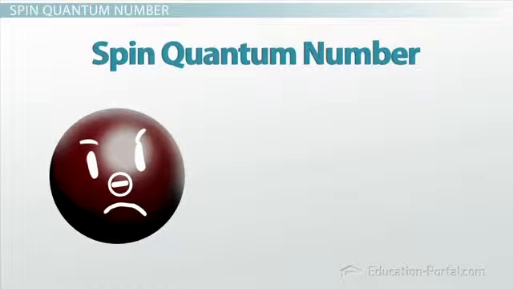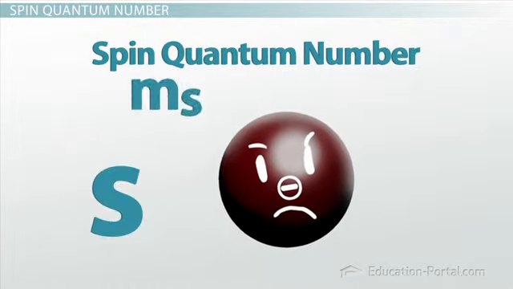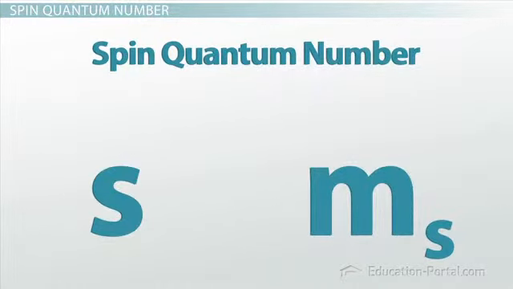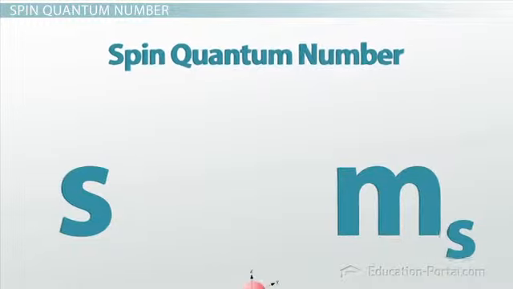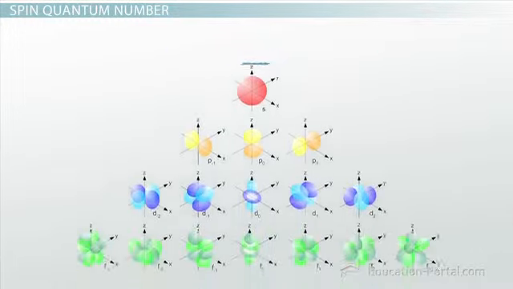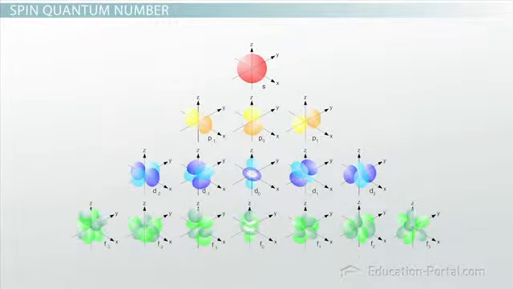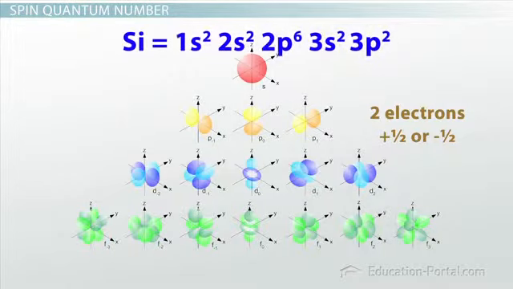The spin quantum number, often symbolized by S or ms, deals with the spin of the electron and plays a very important role in determining the magnetic properties of an atom or molecule. Each individual orbital can hold up to 2 electrons, and each electron will have a different spin, represented as either +1/2 or -1/2. So for our silicon electron, it would have an ms of +1/2 or -1/2. There's really no way to tell just by looking at the electron configuration which one it is.